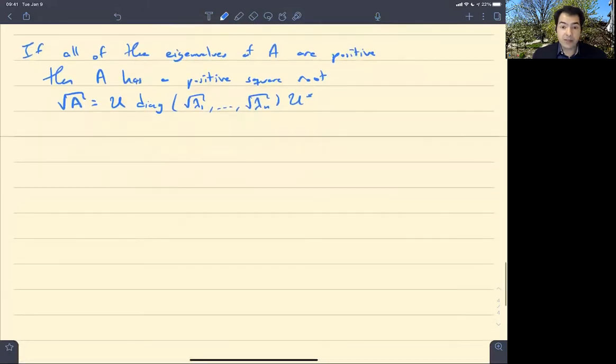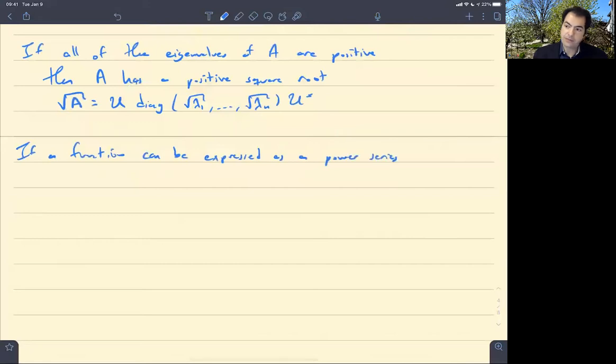Okay, but why stop there? If a function can be expressed as a power series, then we can apply it to a Hermitian matrix.